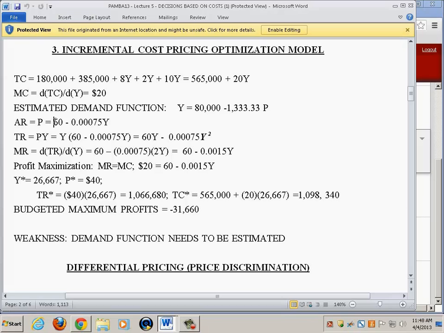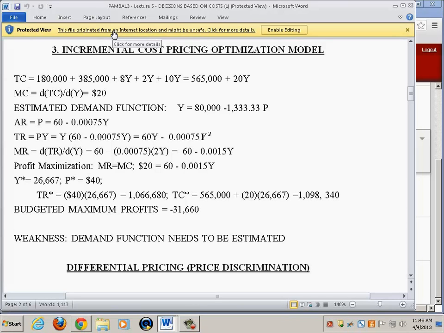And on the other side we multiply the function 60 minus 0.00075Y by Y. We open the parenthesis, and we get 60Y minus 0.00075Y squared. So that's the total revenue function.